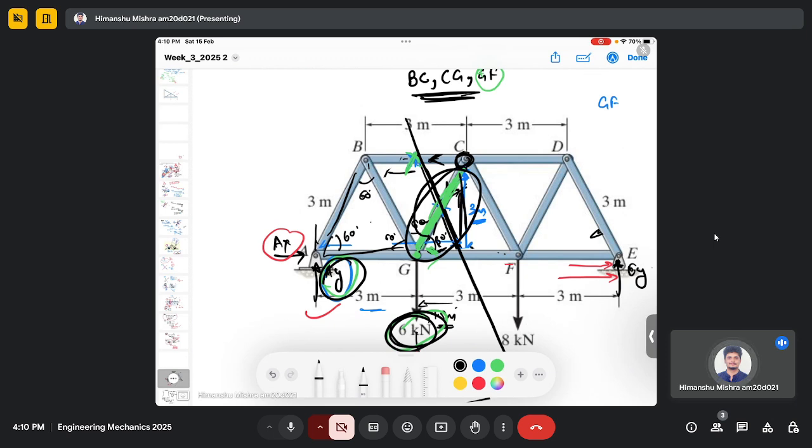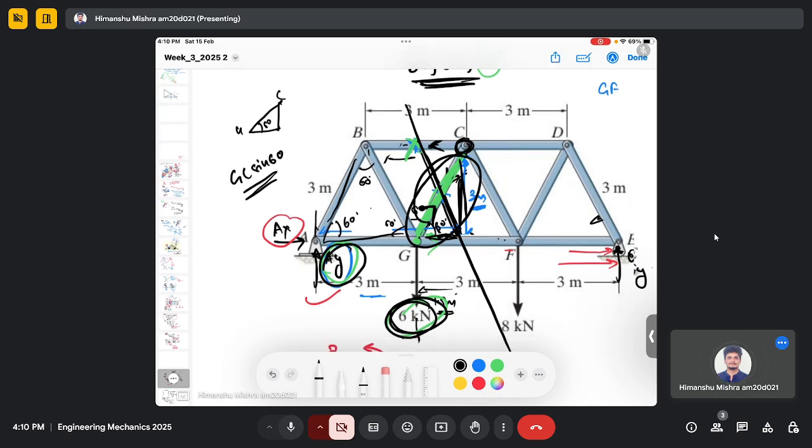So the y component of GC should be GC sine 60. That's my y component of GC, and my assumed direction is upward.